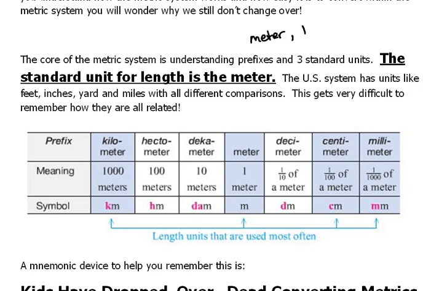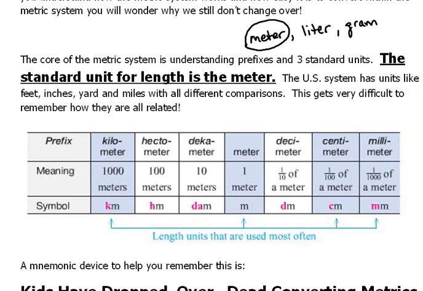Then we have the liter, which is used for capacity or volumetric measure. And then we have the gram, which is used for mass. We usually use this with weight, and we'll talk about this in the next section. But actually, it is a mass measure, or the amount of stuff in something.